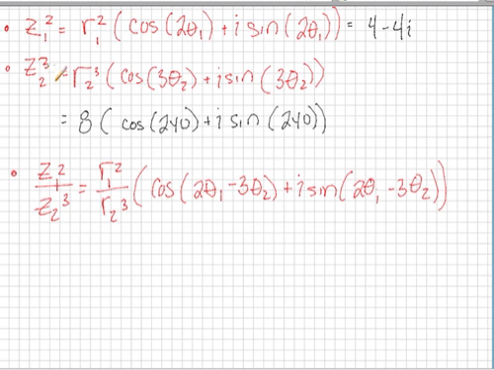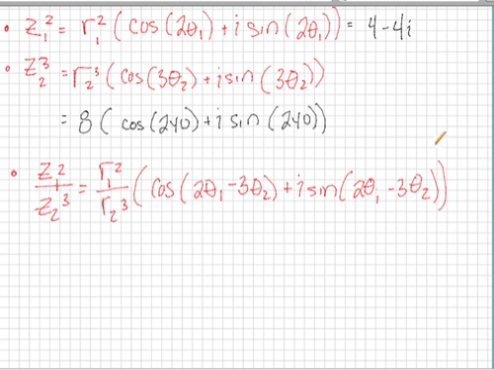Similarly, if I want to cube z2, which would be a different z in this case, I'm just going to cube r and then multiply the angle by 3. In this case, I'm actually given z2, which is very helpful, but unfortunately I'm only given z1 squared in complex form, so we're going to have to figure out what that is.